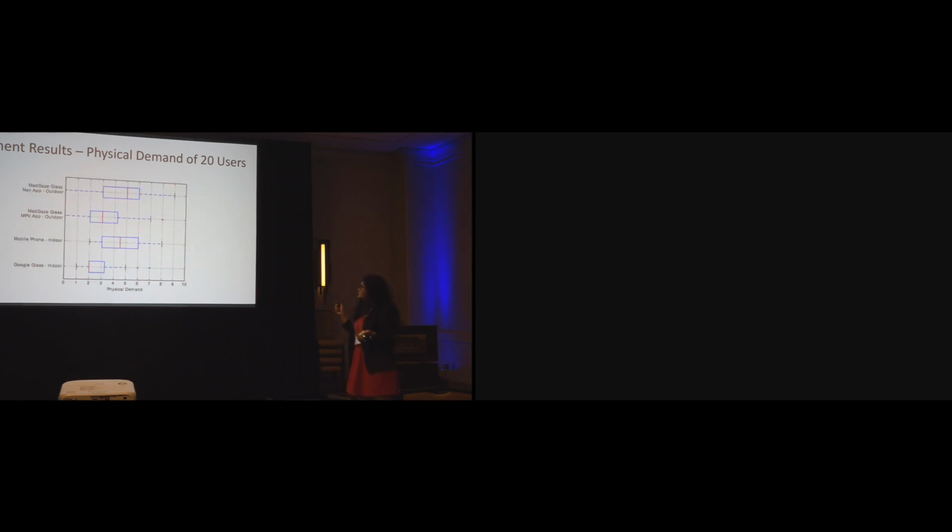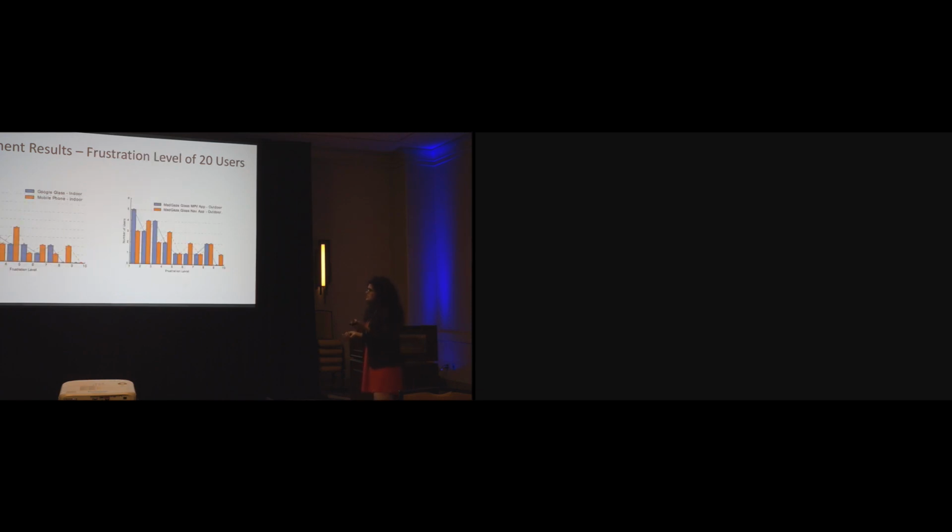We actually had much better results for physical demand, especially for indoors, because on staircases it's really difficult to stare into a small screen or Google Glass and try walking around. We similarly did the same for frustration level, and we got pretty okay results.